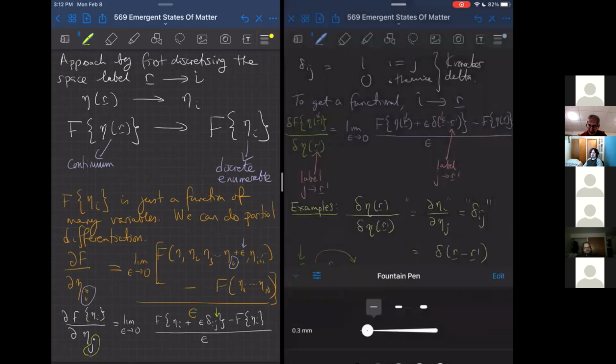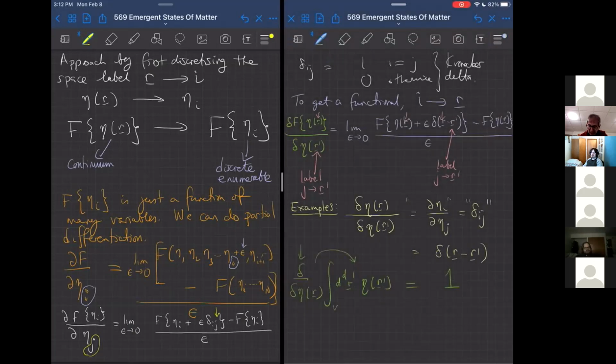And then the last one, I definitely want you to check this one. Let's suppose I differentiate with respect to eta of r, and now I'm going to integrate d r prime, 1/2 the gradient of eta of r prime squared. Of course, I want to do all of these because we're going to use them in statistical mechanics in just a minute, but let me tell you what the answer is for this one, which would perhaps not be obvious to you.